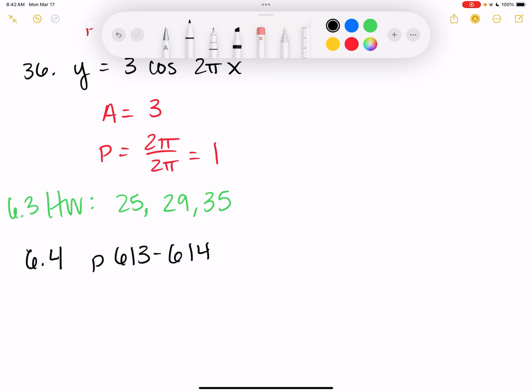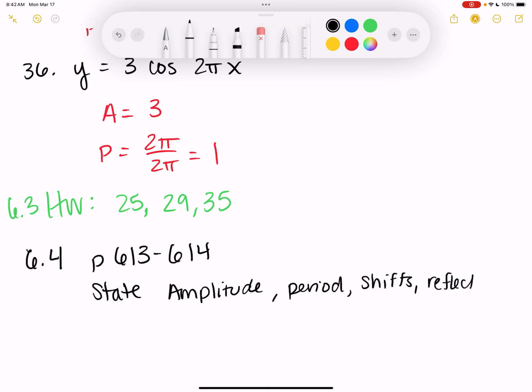So in this one, we're going to state amplitude, period, shifts, reflections, and then we're going to graph one cycle.